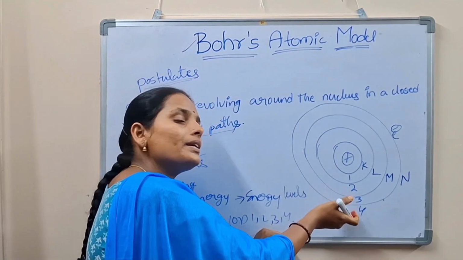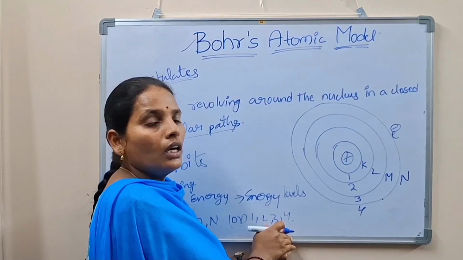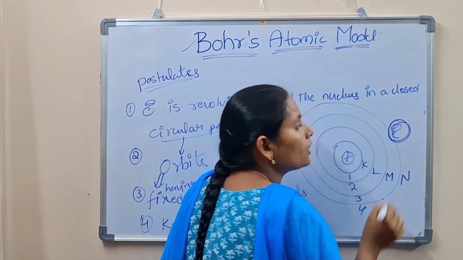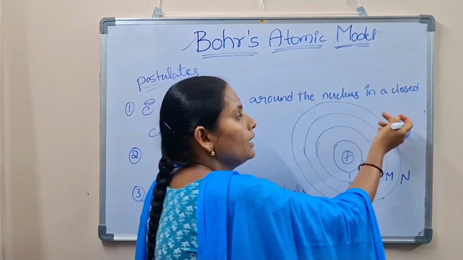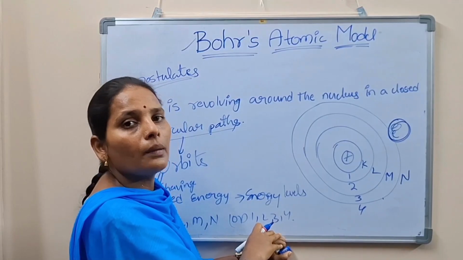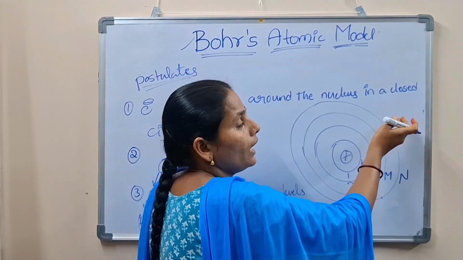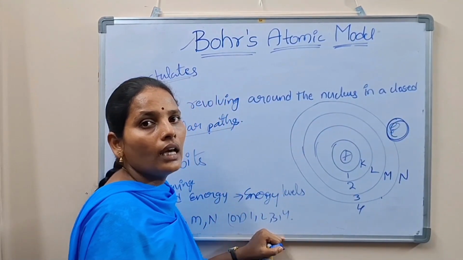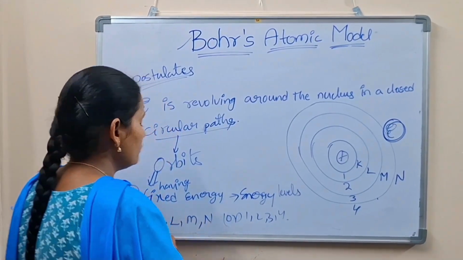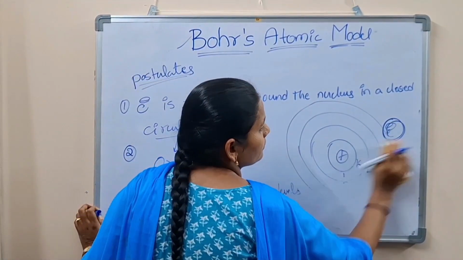Here the orbits do not possess the energy themselves. The electron in the orbit possesses the energy, and that energy belongs to the orbit. That's why these are energy levels.